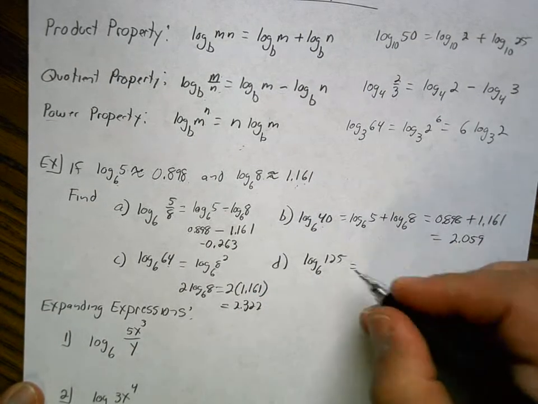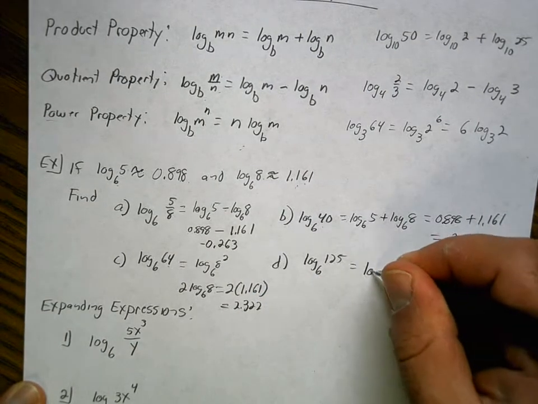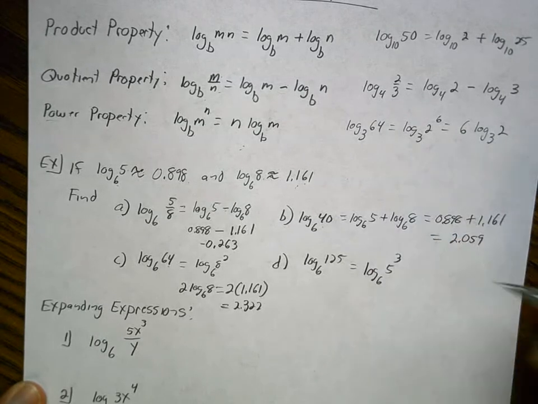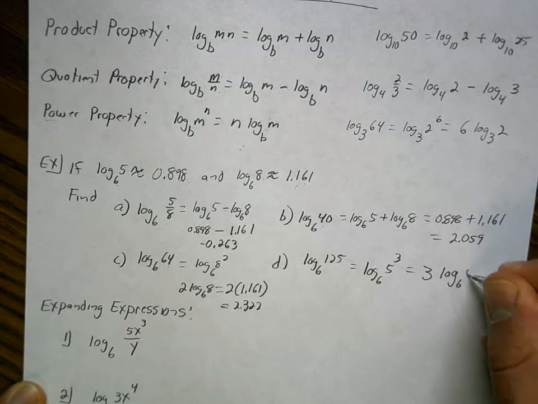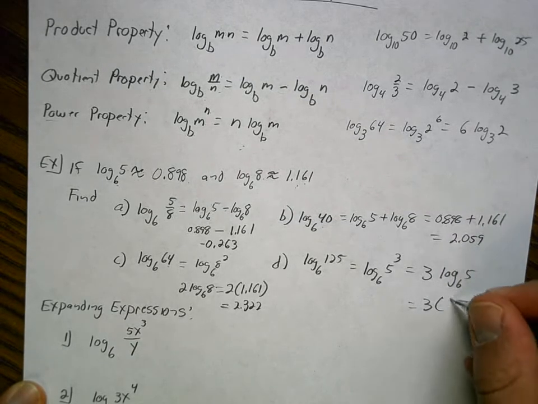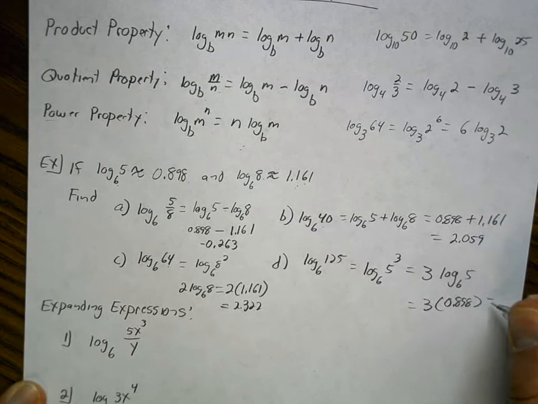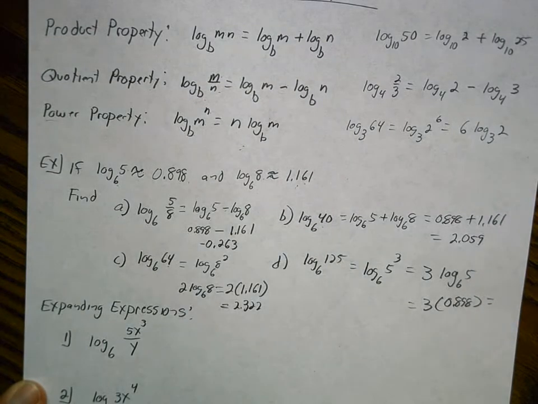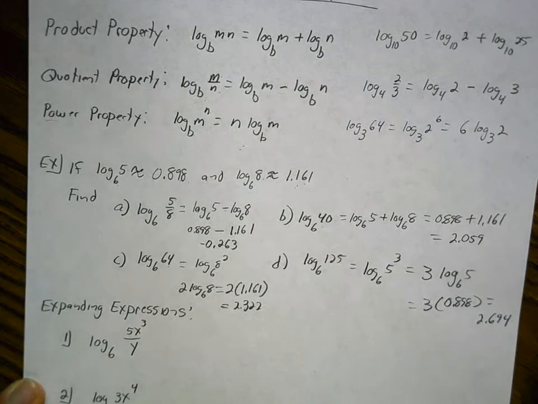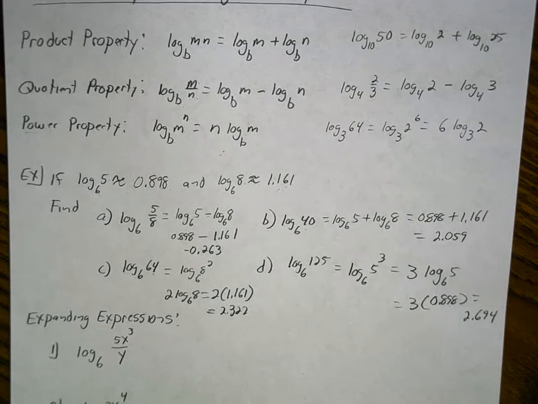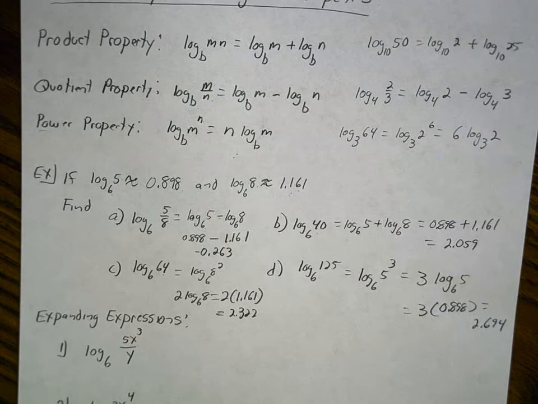Log base 6 of 125. 125 is 5 cubed. So this is going to be 3 times log base 6 of 5, which is 3 times 0.898. So I get 2.694 as a result there. So this is just applying these properties.